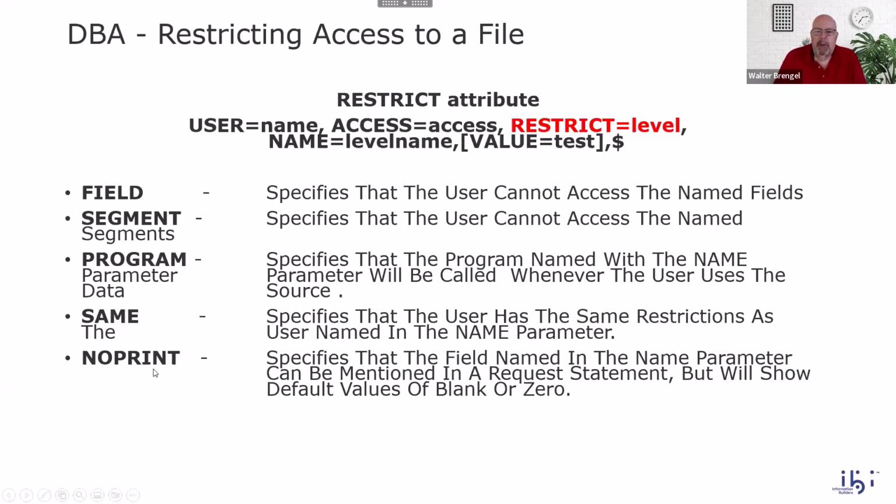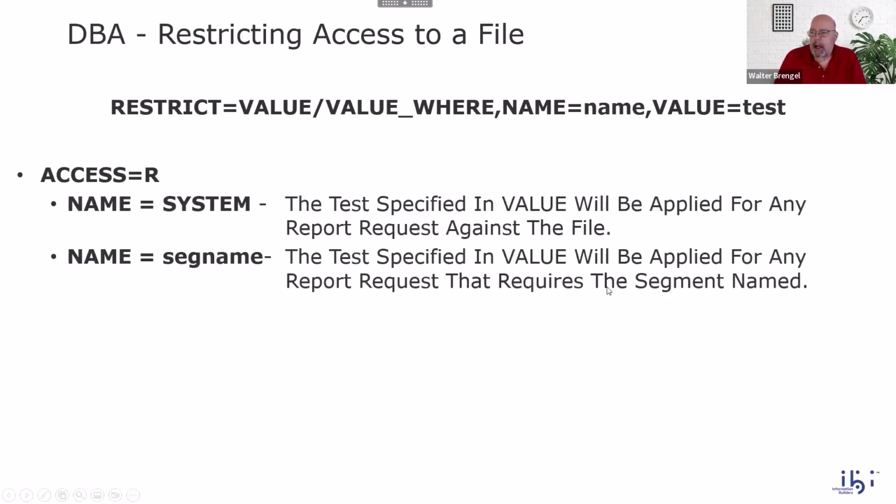And this one, NOPRINT, will allow you to access a field in your report, but if you have NOPRINT set on it, the value will default to blank or 0, depending on whether it's alphanumeric. You can restrict based on a value, or based on a value where condition, so you can create an expression that says what has to be true in order for the person to be able to see this value.